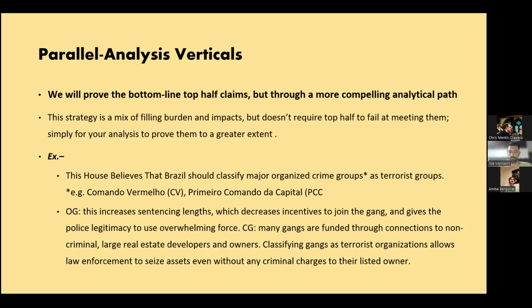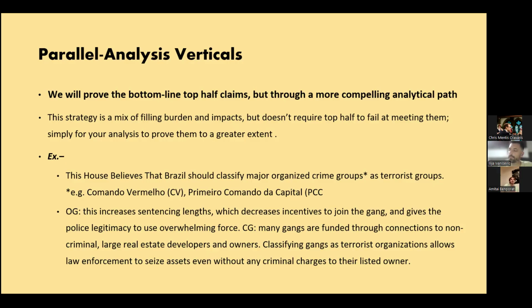So this explains why often when you classify gangs as a terrorist organization, having any association with the gang is enough to seize your property, even if you yourself aren't committing a crime, which is a delta in the motion that OG doesn't talk about. And then you can get the same impact of diminishing gangs as OG has.